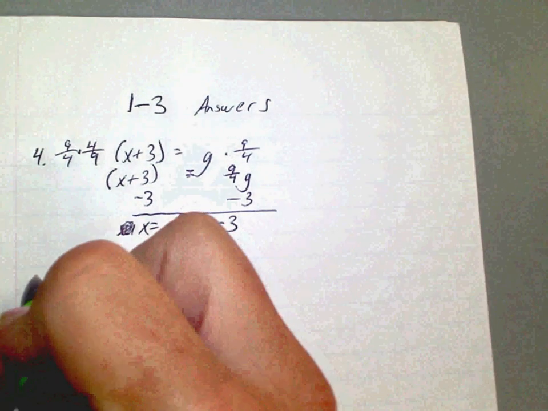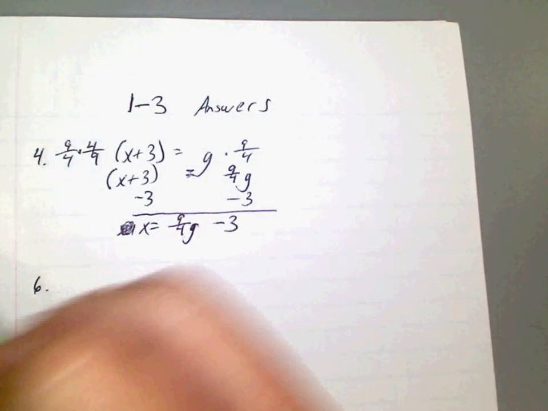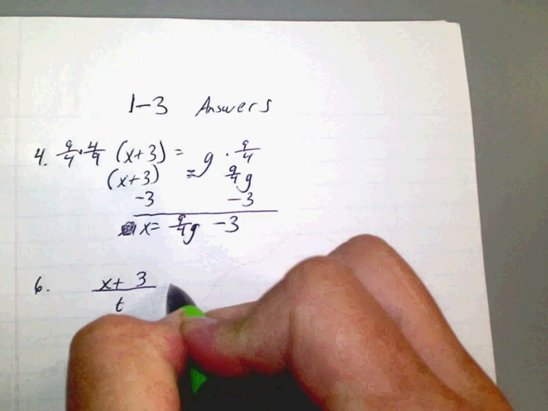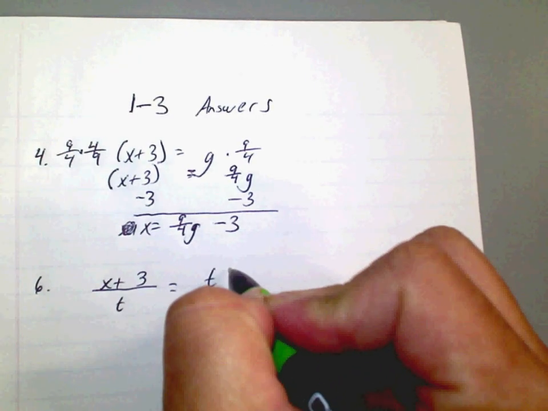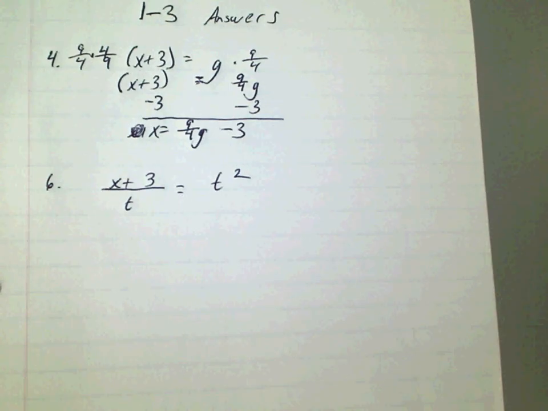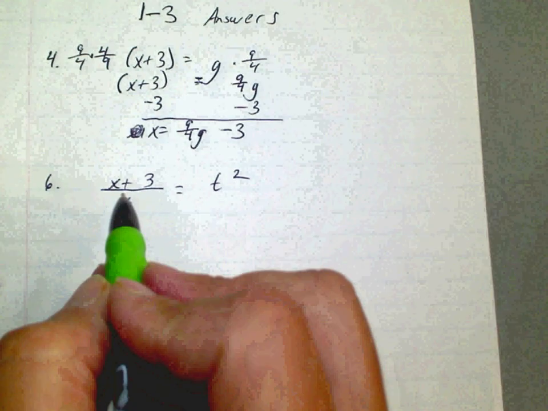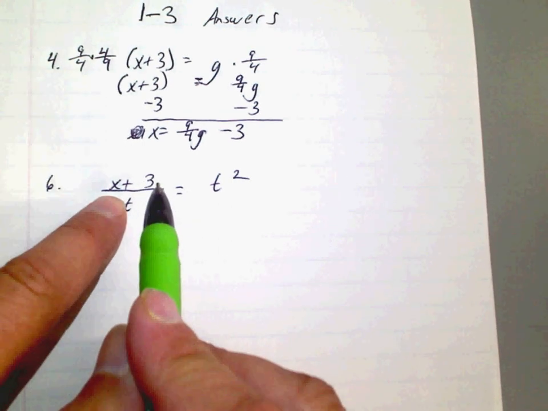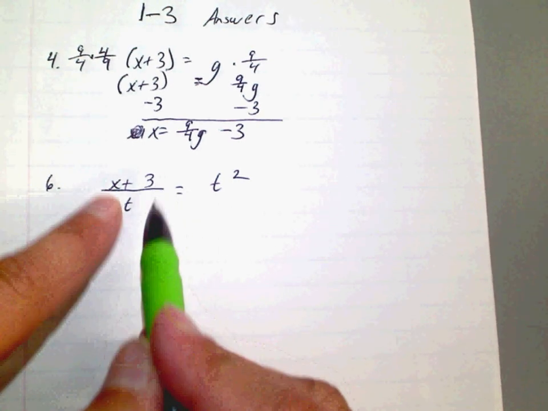That was number 4. Number 6, you have x plus 3 over t equals t squared. Somebody knew it. What do we do? Multiply by t, right. The x is in the numerator position, and we'd like to unpeel this. It's in a ratio or fractional look.